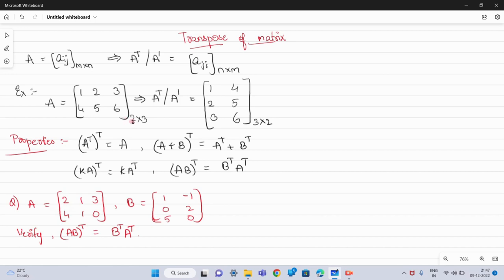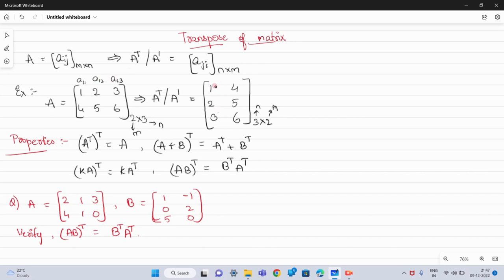See, here this is m and this is n. Now here it came n and this is m. So m cross n becomes n cross m. And a_ij: here it is a11, a12 and a13.